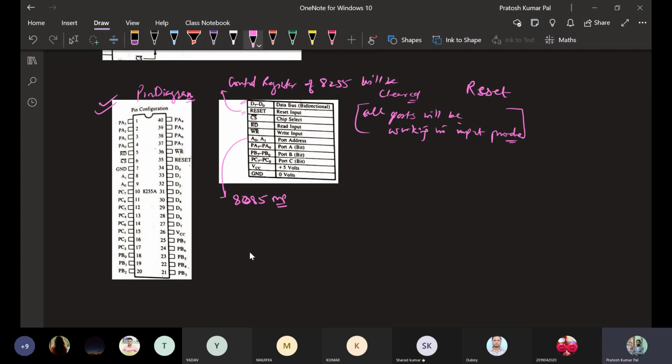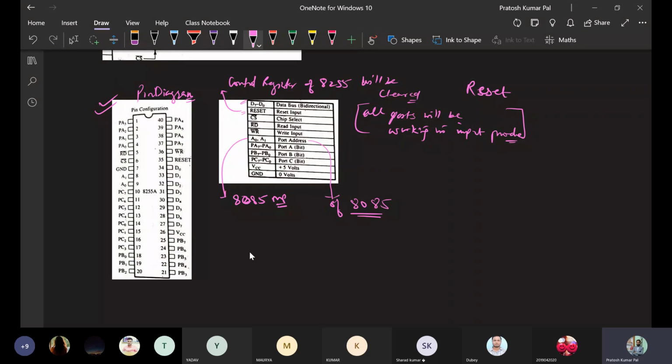This A0 and A1 are the A0 and A1 pins of the microprocessor. That means it is an address pin. So it is a port address. So this is basically the port address of 8085.